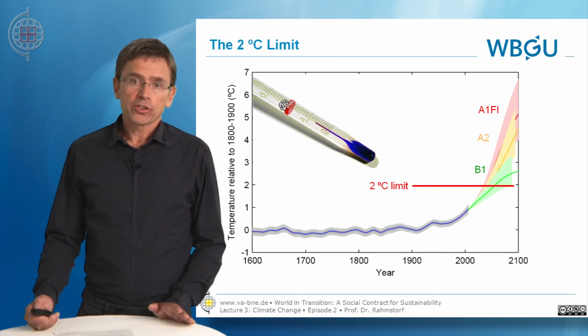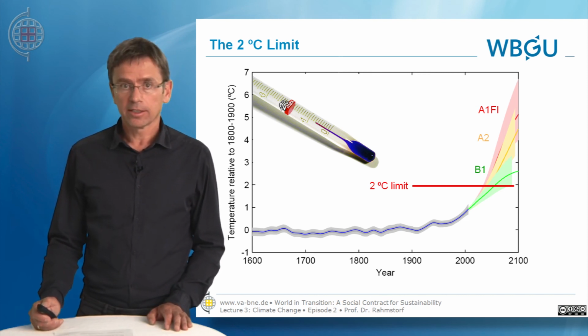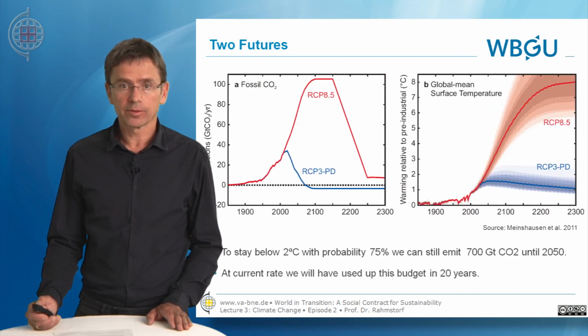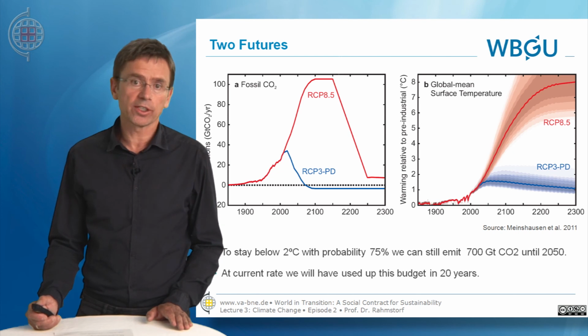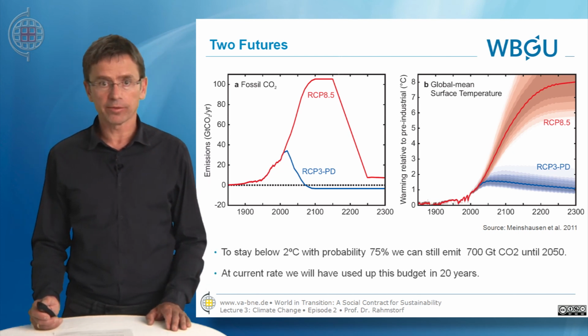Now, the question to natural scientists again is, once such a target is set, how much CO2 emission does this still allow us? And we can illustrate this with the next slide here, which shows 2 extreme scenarios of a bundle of future scenarios that have recently been developed.